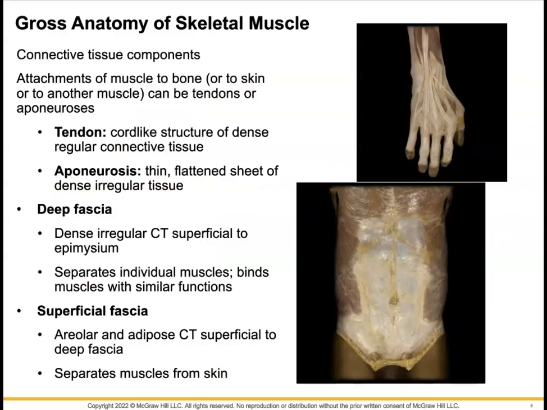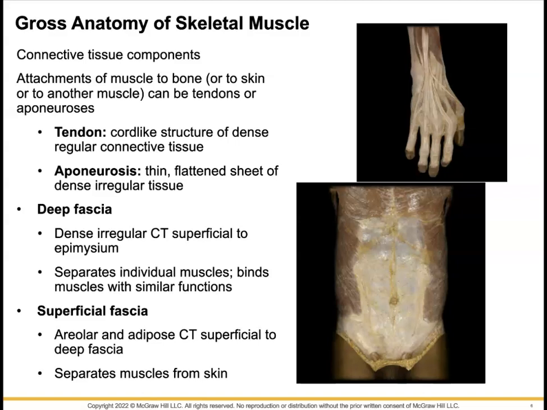Additional connective tissues associated with skeletal muscle include the things that attach muscles to something. Muscles can attach to bone, skin, or other muscles. The connective tissue that does that is called tendons or aponeuroses. A tendon is a cord-like structure made up of dense, regular connective tissue that attaches a muscle to a bone.